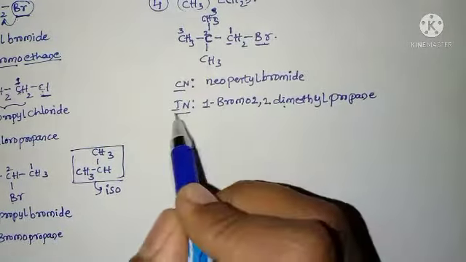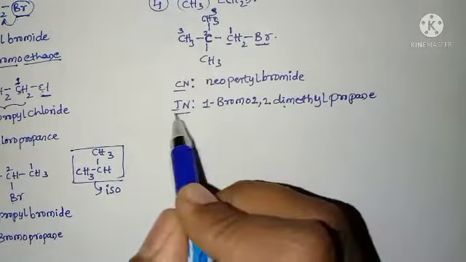Here the bromine atom is attached to this carbon atom. If you see, this carbon atom is a tertiary carbon atom. Tertiary means the carbon atom which is attached to 3 other carbon atoms. I have explained this in the classification of the alkyl halides.